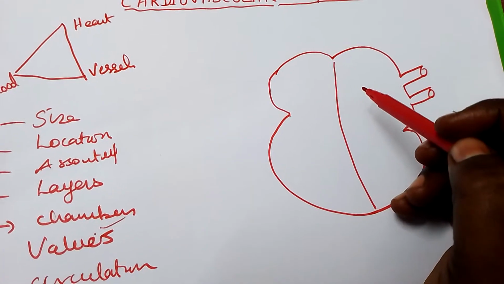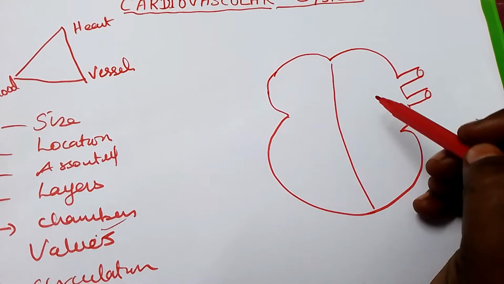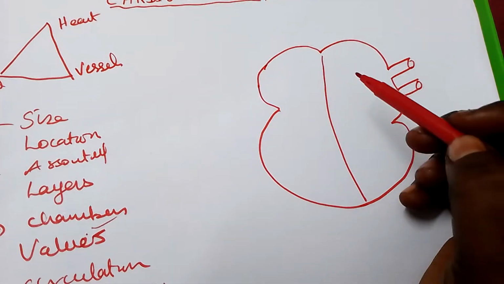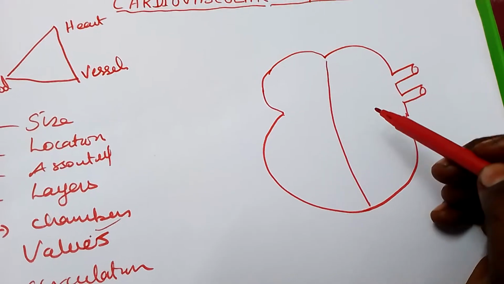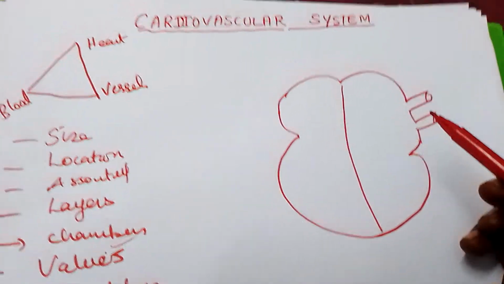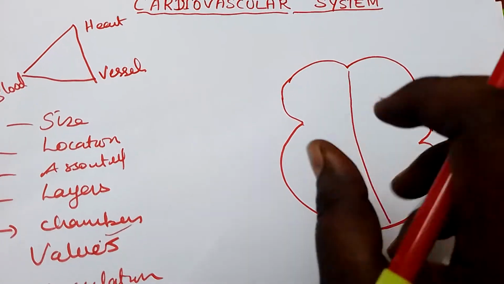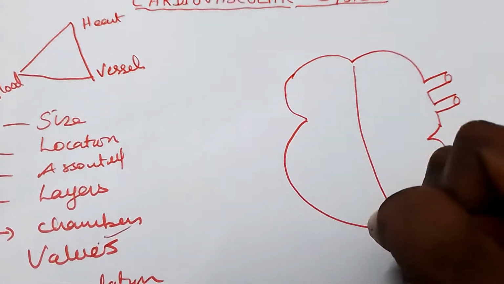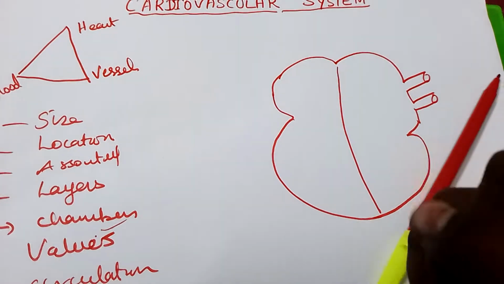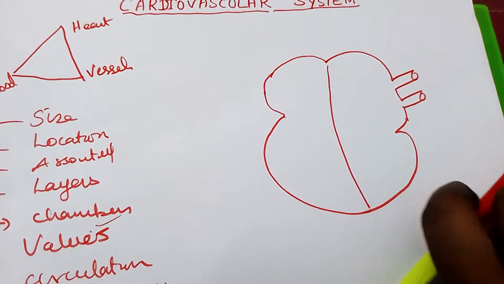Understand? What is the size of the heart? What is the shape of the heart? What is the weight of the heart? It is a hollow muscular organ, cone shaped, like a pyramid, and its size is about one's fist size, when closed.